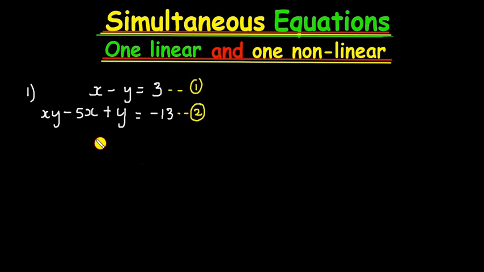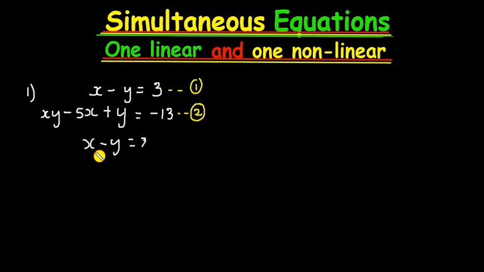Okay, so the first thing we'll do is to make x or y the subject. And when we look, we see that in equation 1, it is easier to make x or y the subject. And I will tell you why we need to do this. So here we have equation 1, x minus y equal to 3.